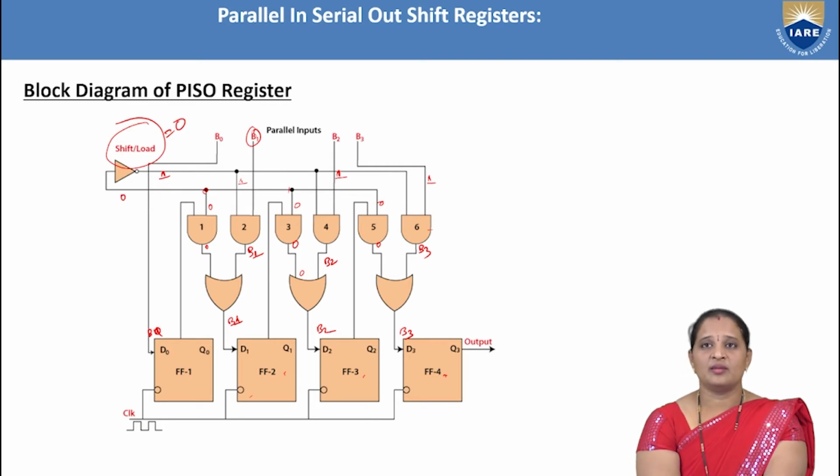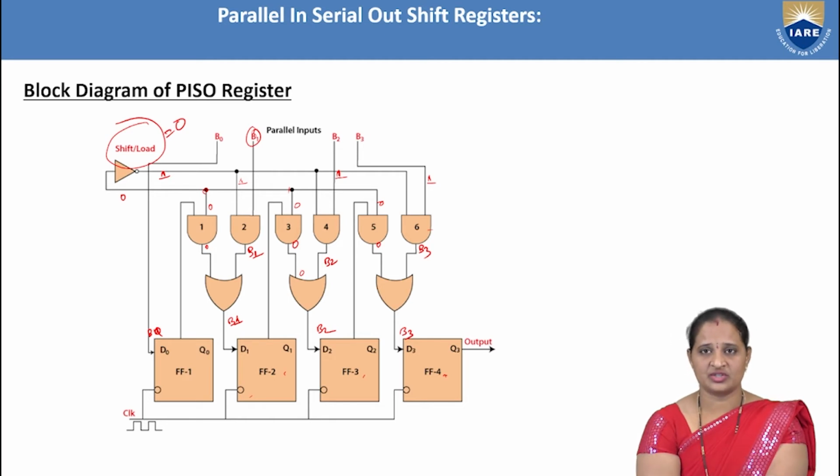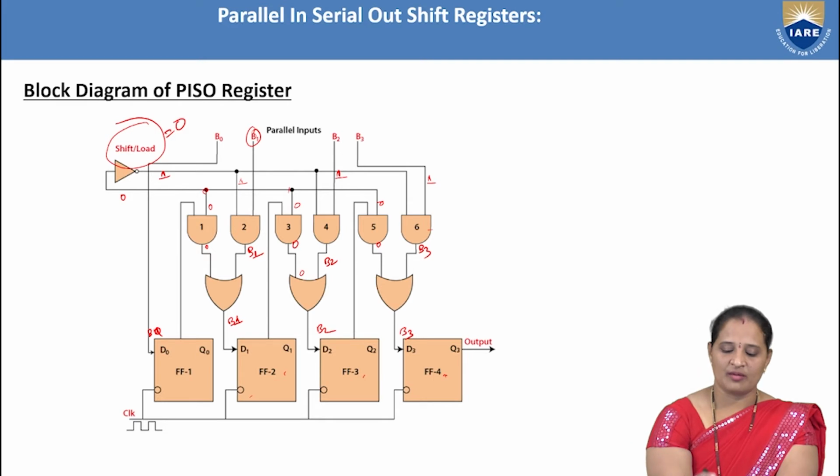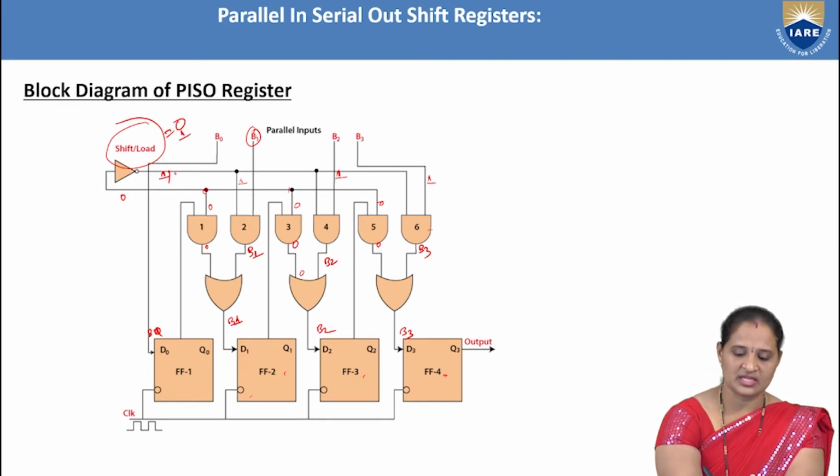So in the parallel in serial out shift register, we can have two modes of operation: either it can shift the data or it can load the data in parallel. Now what happens if it is equal to 1? If it is equal to 1, this line becomes 0 and this line becomes 1.